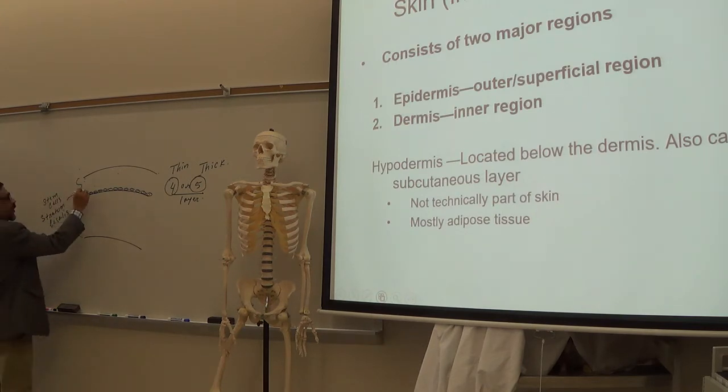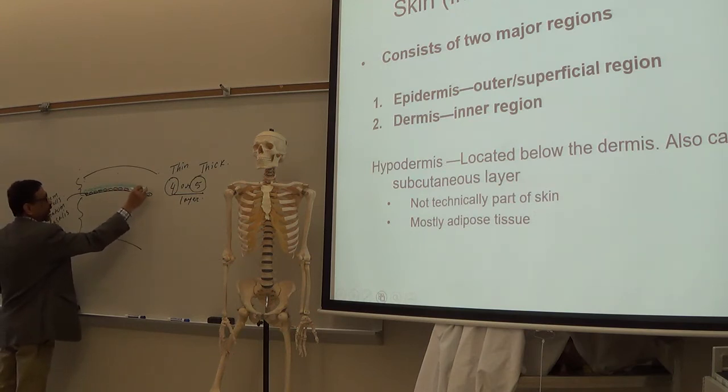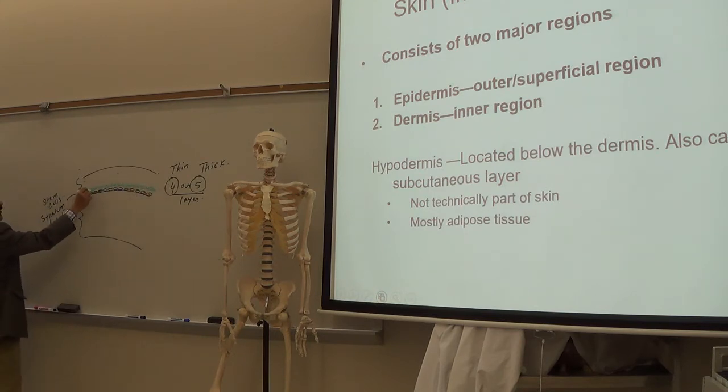Then you have another layer. This is called stratum spinosum. Why this is called stratum spinosum? If you see the cells have spines. You know, spines are sharp processes, right?